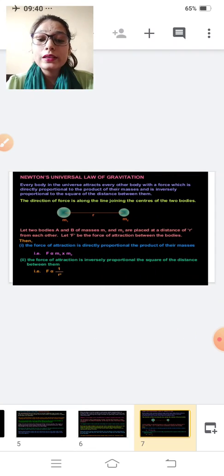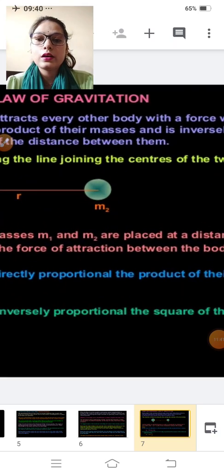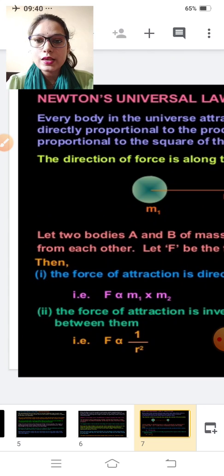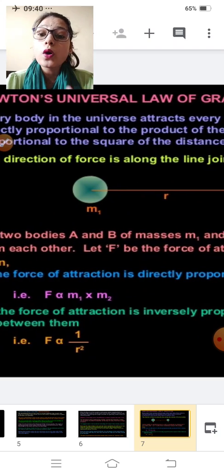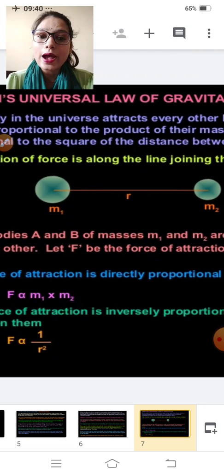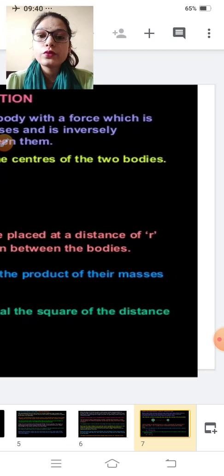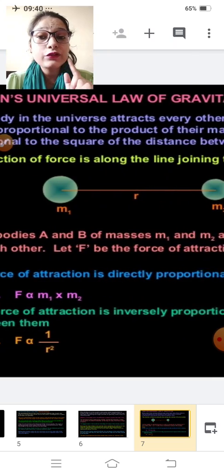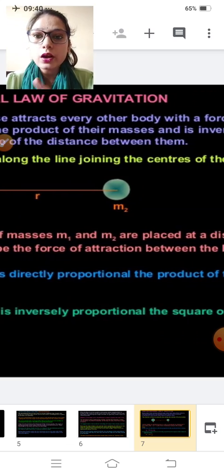Now our next topic is the universal law of gravitation. What is our next topic? Our next topic is Newton's universal law of gravitation. So what is Newton's universal law of gravitation? I'm reading, listen carefully. Every body in the universe attracts every other body with a force of attraction, and that force of attraction is directly proportional to the product of their masses.